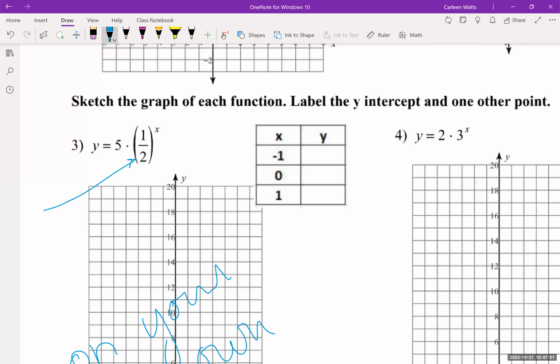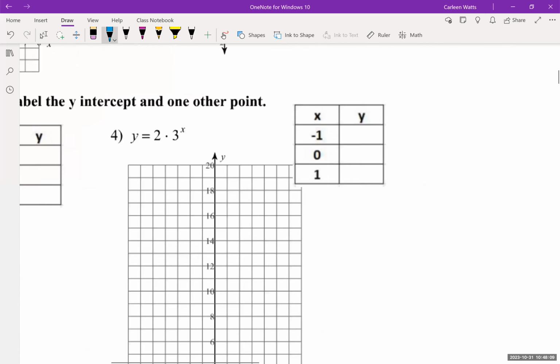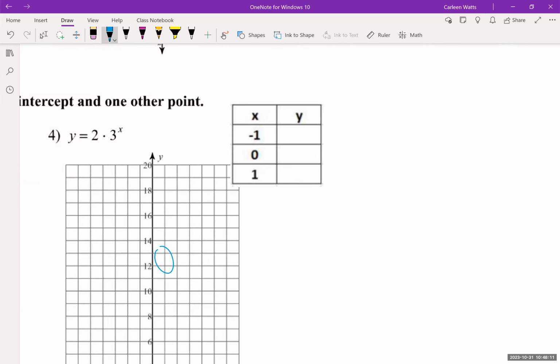Because the base is a fraction, it's an airplane coming down. Yeah, so don't look at the coefficient, we look at the base. Number 4, is that going to be an airplane going up or an airplane coming down? Up. And we're going to do this at the end.